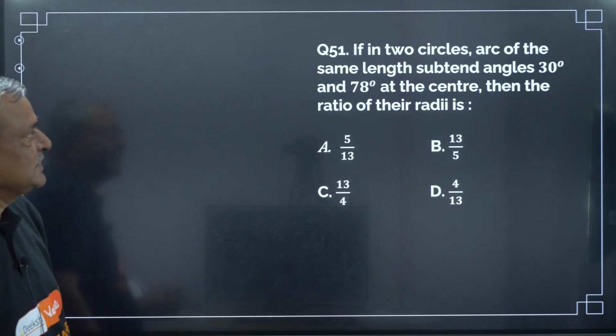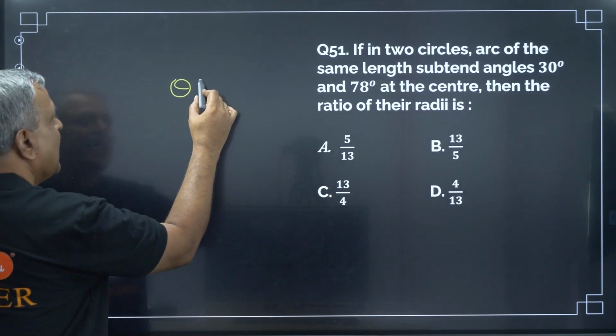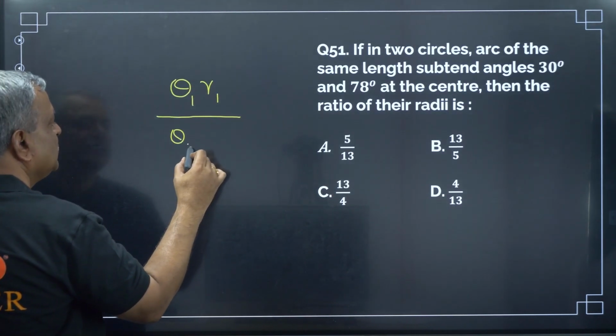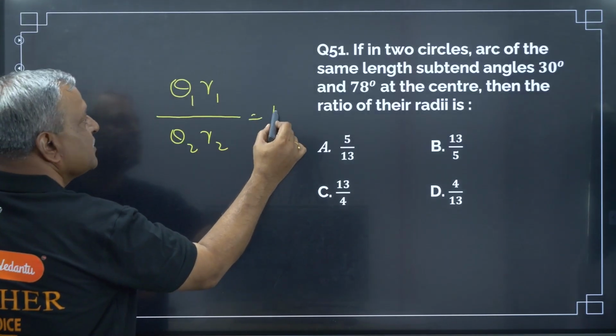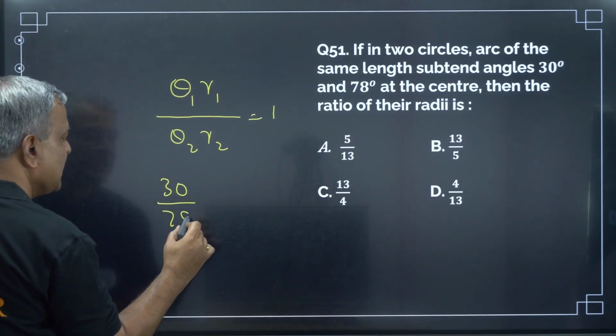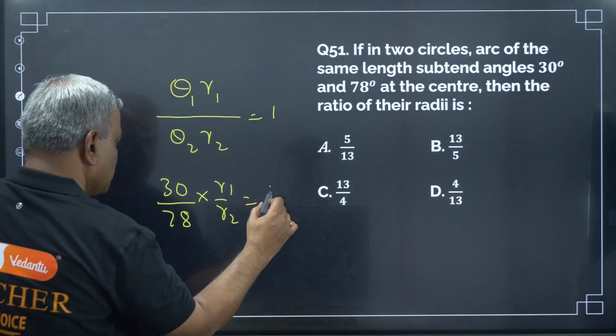51, two circles, same. What is arc length? Theta 1 r1 divided by theta 2 r2 is equal to 1 is given to you. So 30 by 78 into r1 by r2 is equal to 1.